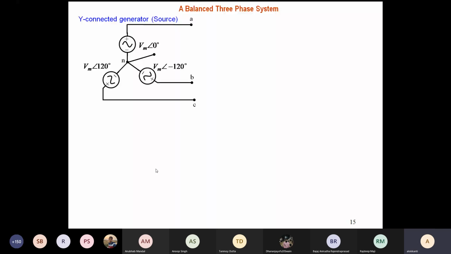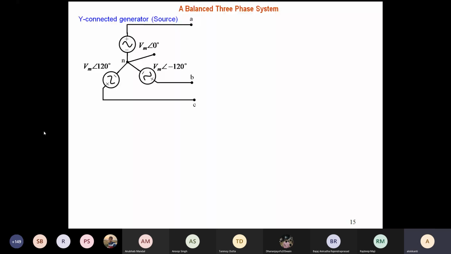Suppose you have a balanced three-phase system, for which you need a source, a balanced three-phase Y-connected generator. In electrical engineering language, the one who generates is called the source, because it is sourcing the power. Since there is a generator, there has to be a load.